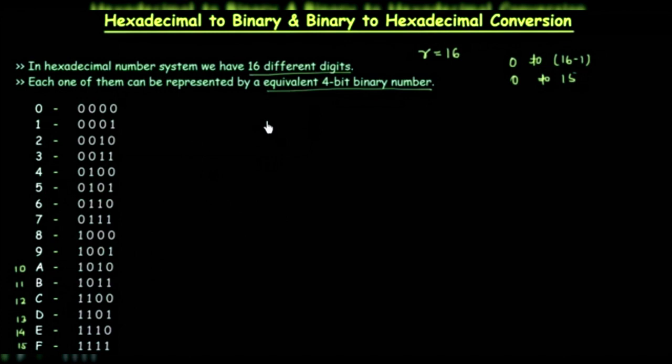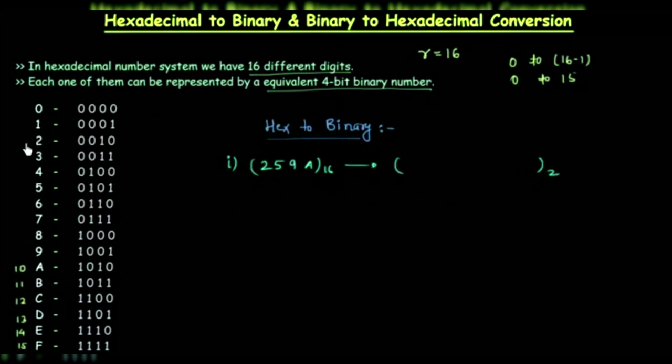The first conversion is hexadecimal to binary, and for first example, the hexadecimal number is 259A. This is in hexadecimal, and we want the binary equivalent of this number.